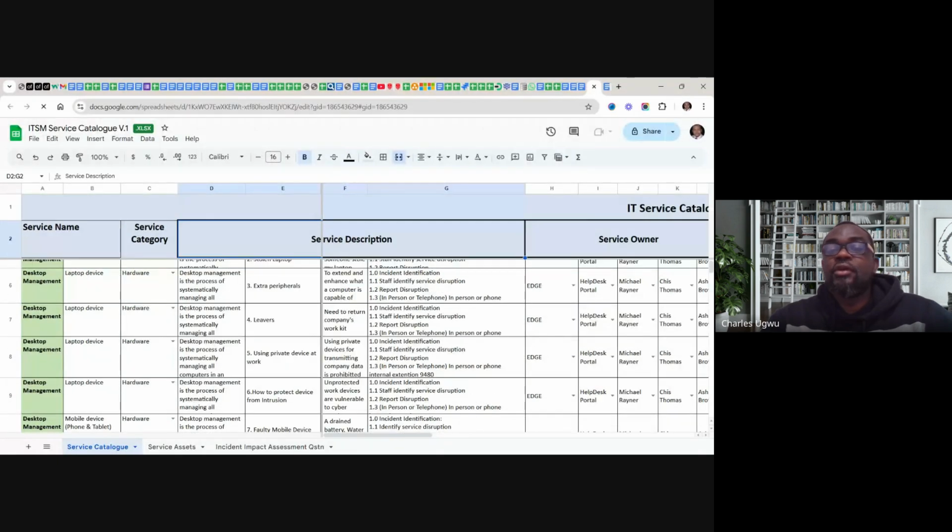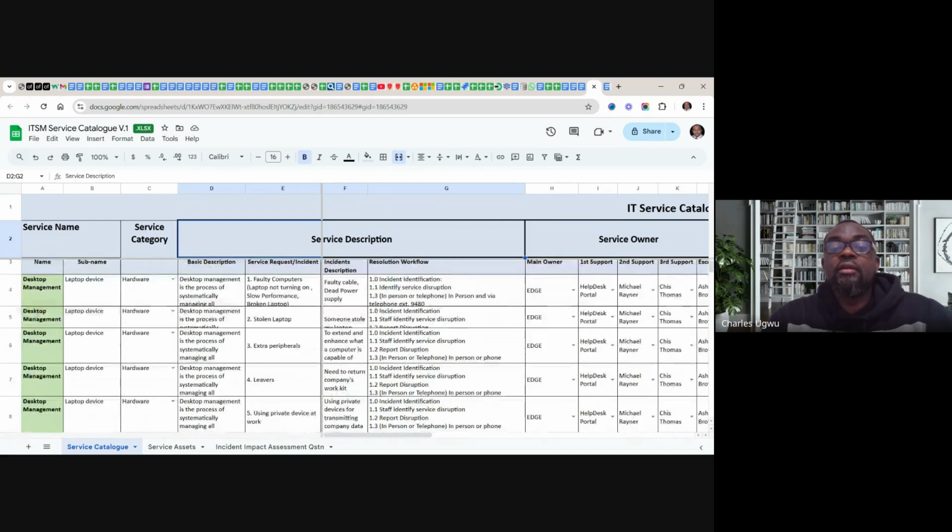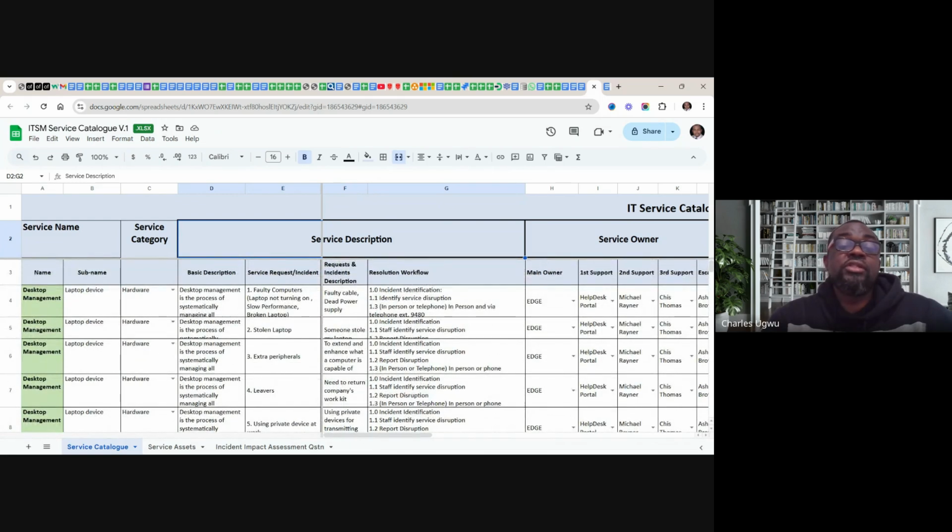If you compare this with what I just shared, of course, that is a lesson note. But if we need to create a comprehensive service catalog, we need to break it down further. This is a low-level service catalog, but the one I shared with us is high level.